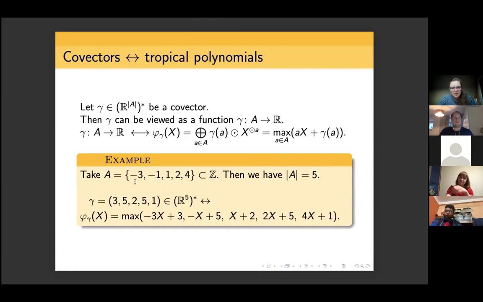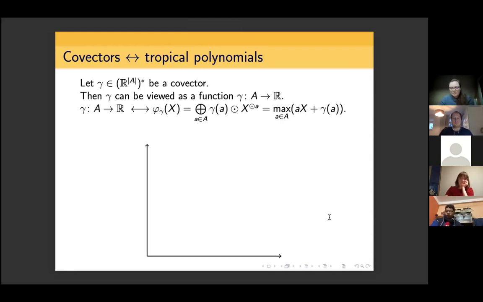We would have to take, so here there are the slopes of this affine linear function, and here are the constant terms. So it's going to be -3x plus 3, -1 times x plus 5, and so on. So again, covector, tropical polynomial, very easy.